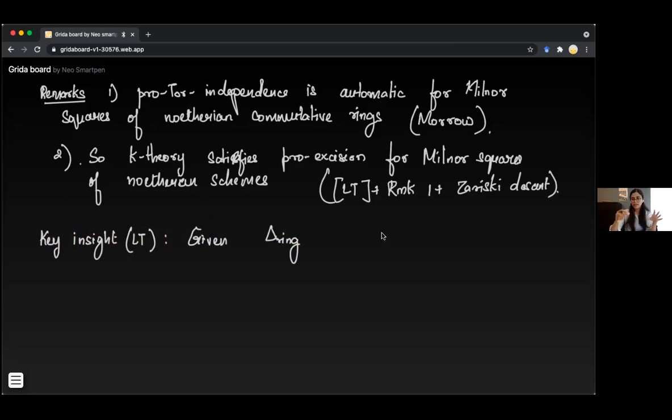And if you apply K-theory to this kind of refined square, then that is always Cartesian. And what this Tor independence buys for you is that this O-dot construction is pro-equivalent to B prime. So given delta, there exists a refinement of A prime. So this is your original square.